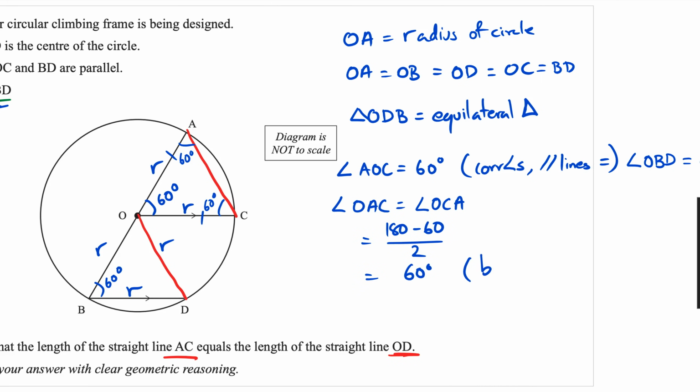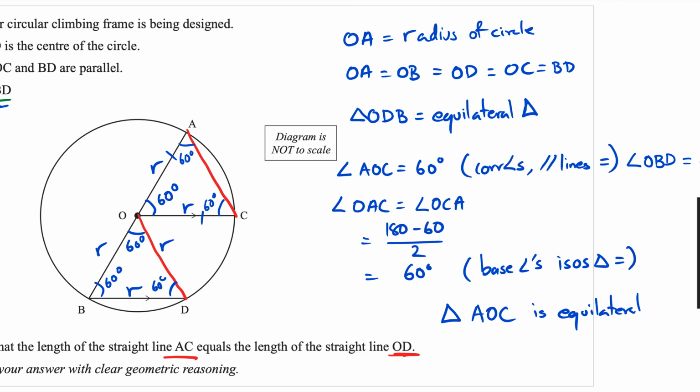And we're going to say that this is because base angles of an isosceles triangle are equal. So from here we can see that triangle AOC is equilateral. Now we already said that triangle OBD is equilateral. So that means I'm just going to fill these things up here, which is 60 and 60.